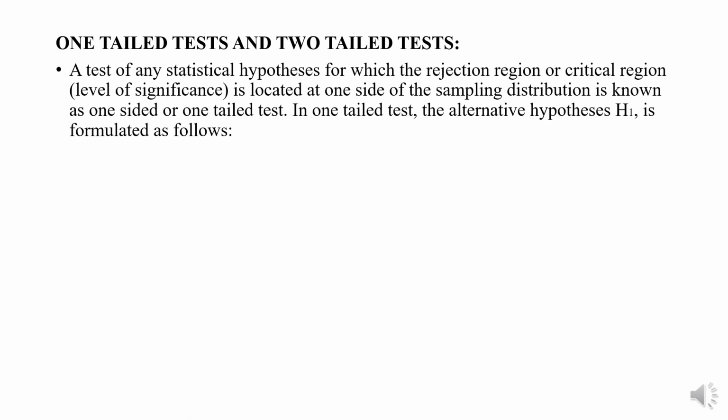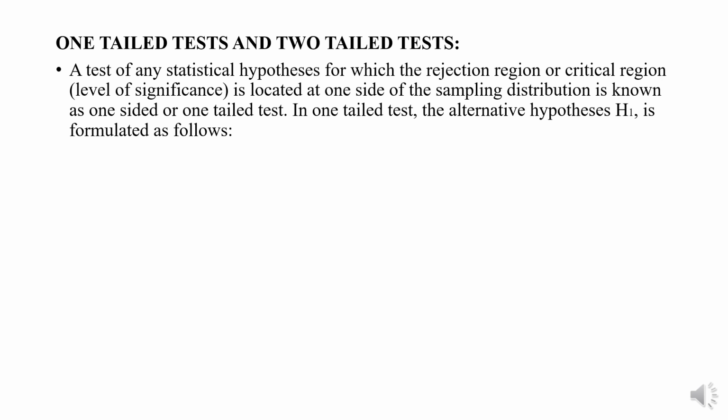One-tailed test and two-tailed test. A test of any statistical hypothesis for which the rejection region or critical region or level of significance is located at one side of the sampling distribution is known as a one-sided or one-tailed test.